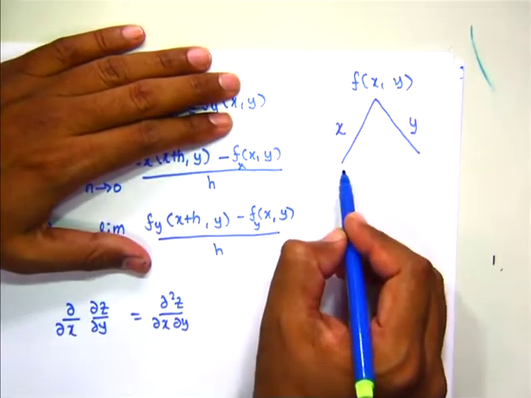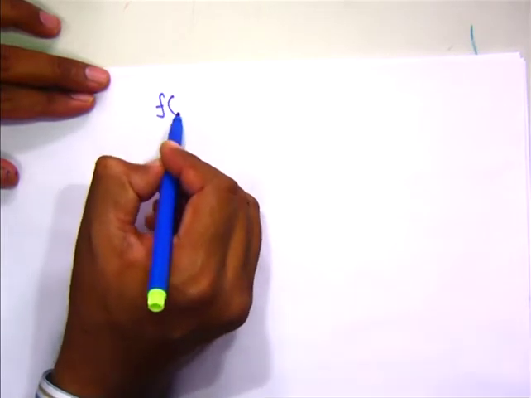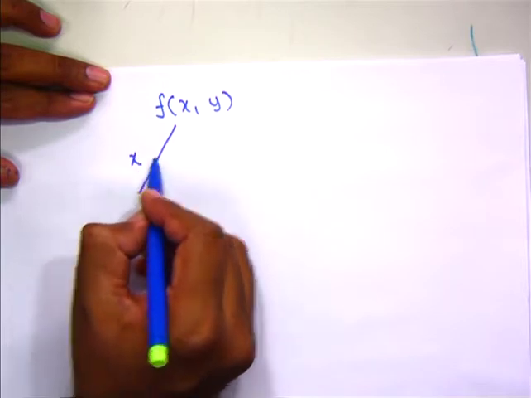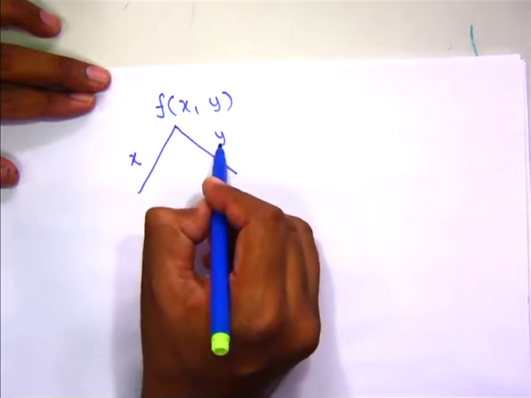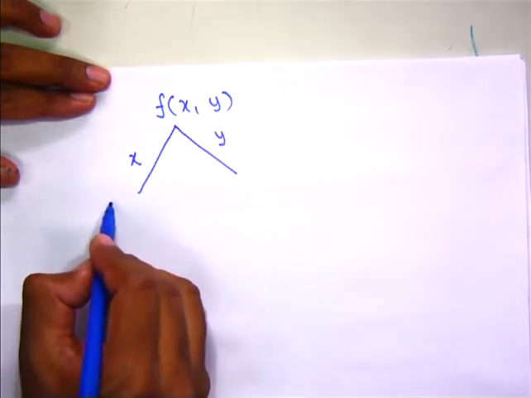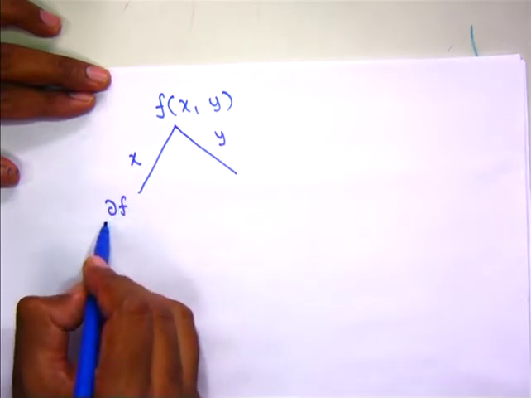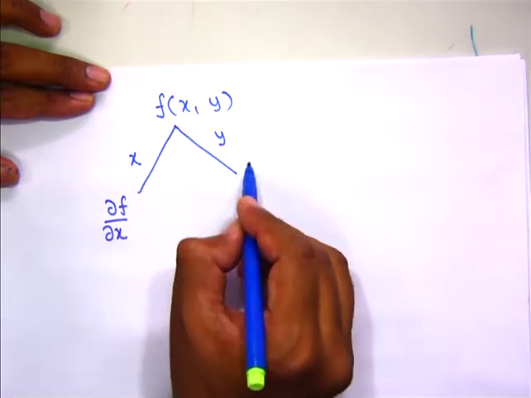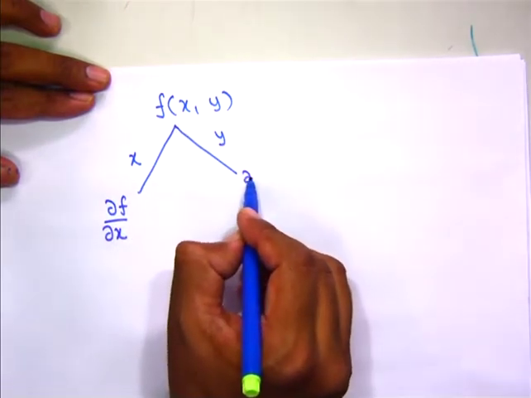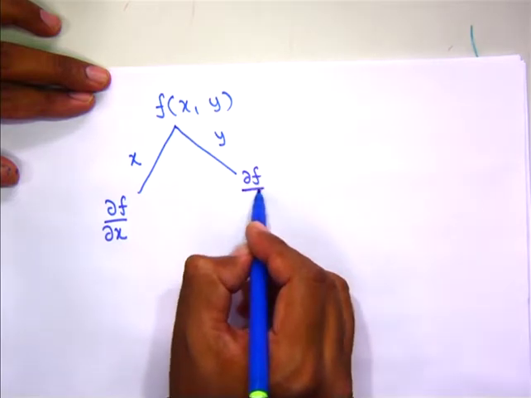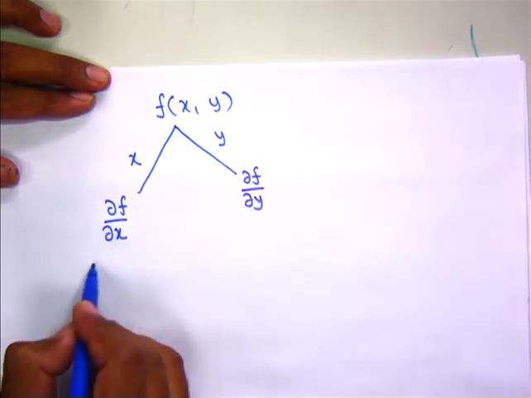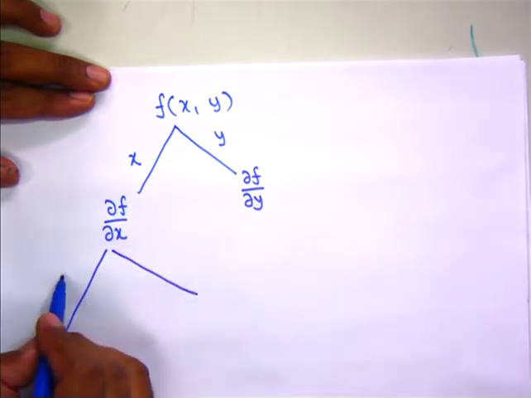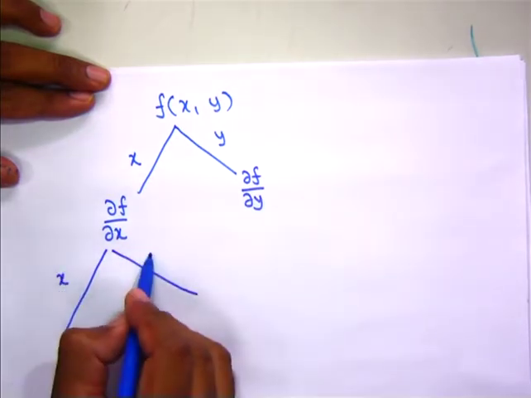If we have the function f(x,y), we can differentiate it partially with respect to x or with respect to y. If f(x,y) is differentiated with respect to x, we call it del f by del x. And if f(x,y) is differentiated partially with respect to y, we say del f by del y. Again, these two are functions of two variables, so they can be differentiated partially with respect to x as well as y.